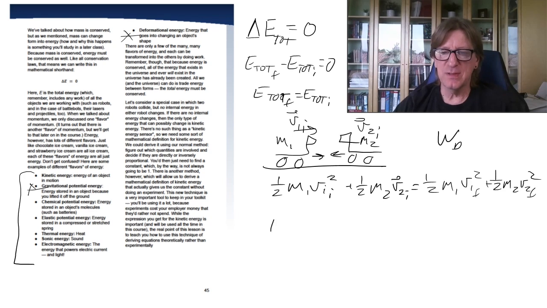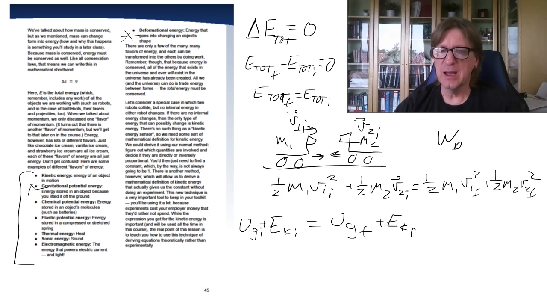So if I were going to write this out, I might say, okay, I might have some gravitational potential energy initial, and we'll do this just for one robot for now, some kinetic energy initial, and then that's going to equal whatever my gravitational energy final was plus my kinetic energy final.